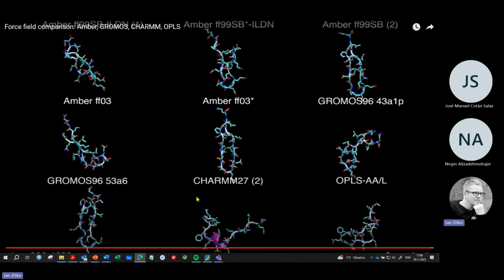Let's say this one is quite similar to this one, but completely dissimilar to this one, and completely dissimilar to this one. Which one is correct? You don't know. You have to determine the structure experimentally. So please have this in mind: molecular dynamics, as well as other methods based on molecular mechanics, are heavily dependent on the force field which you use, and you have to be sure that your force field describes your system well. Okay, so this is for the lecture.